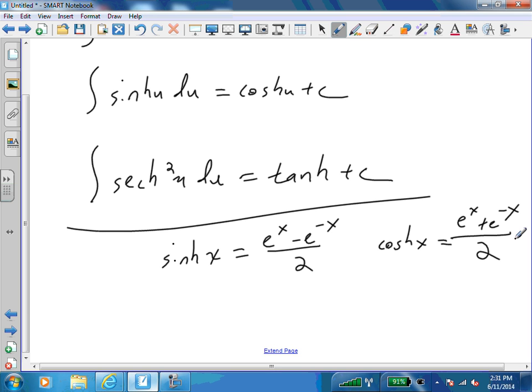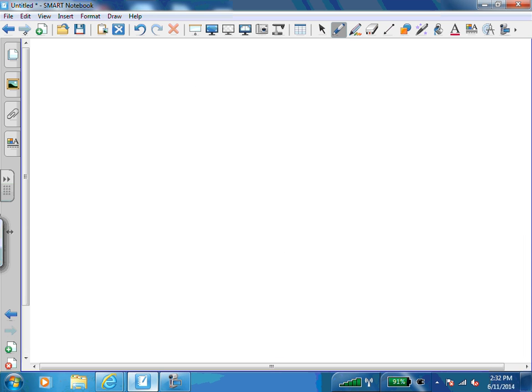So let's work an example or two. Let's say we have the function hyperbolic cosine 8x plus 1. And we want to take that derivative.